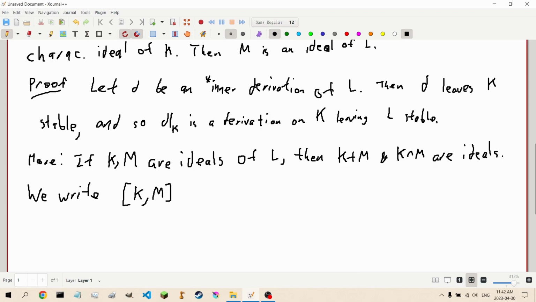I'll write it for ideals, but it generalizes to submodules, obviously. And this is just elements. This is just the set. The Lie bracket of these sets is just the set of the Lie brackets, as you'd expect, similar to the sum and intersection we saw before.